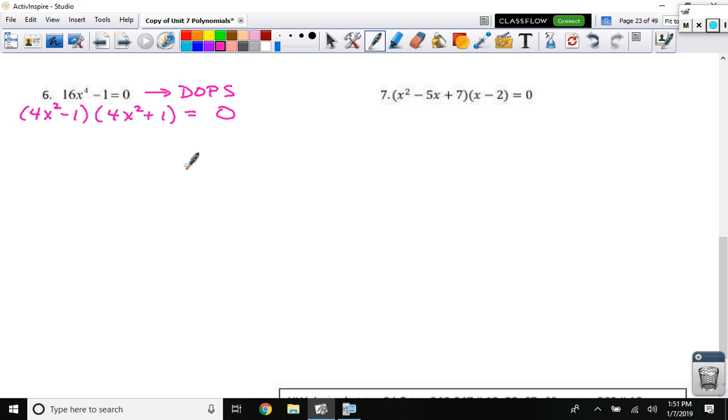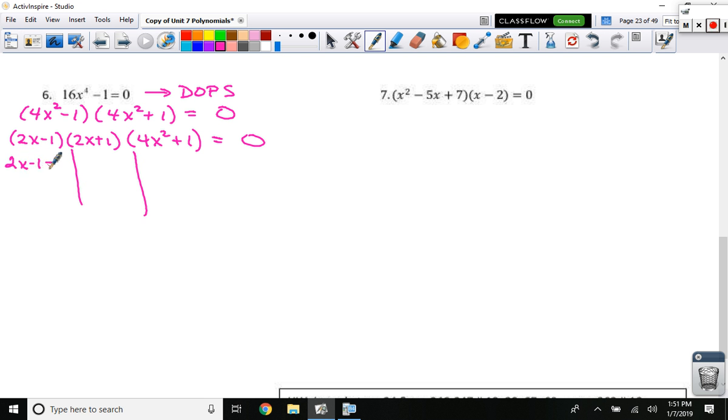No, just this first one. So 2x minus 1, 2x plus 1, leave my 4x squared plus 1 alone. Now I've got linear factors and a quadratic factor, so I should be able to solve. They're broken down far enough for me to find all my solutions.